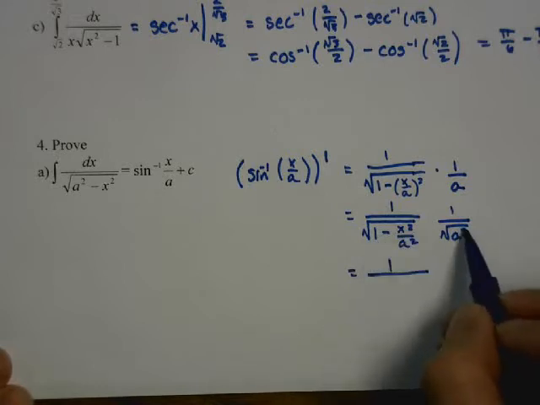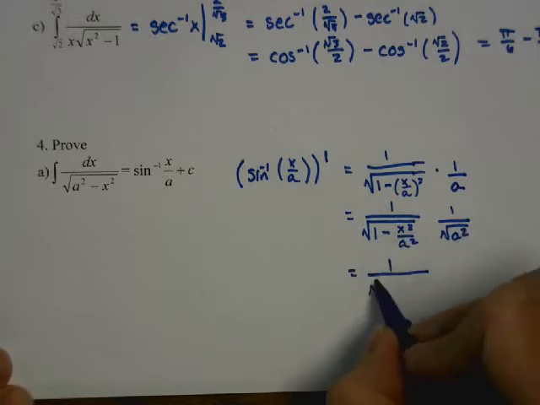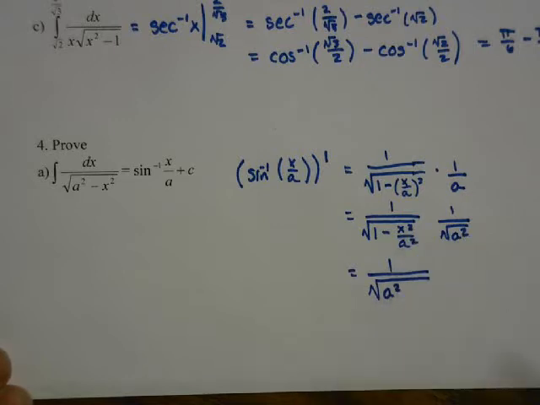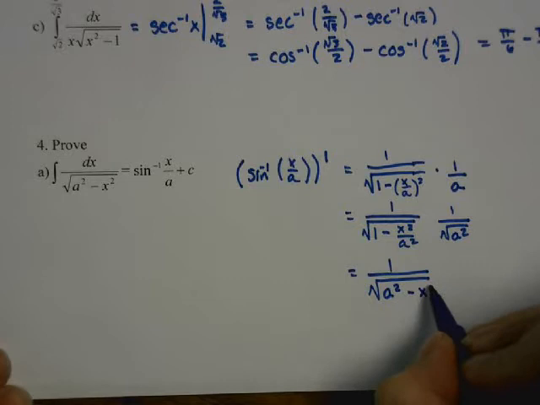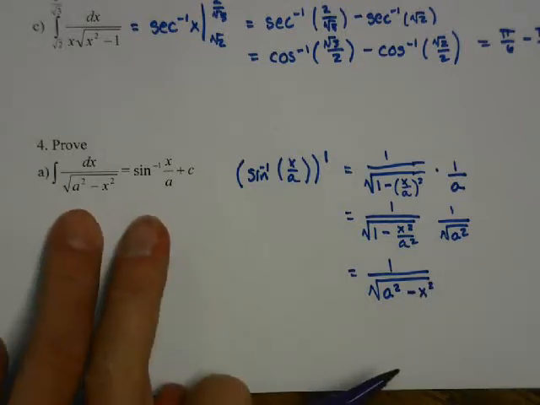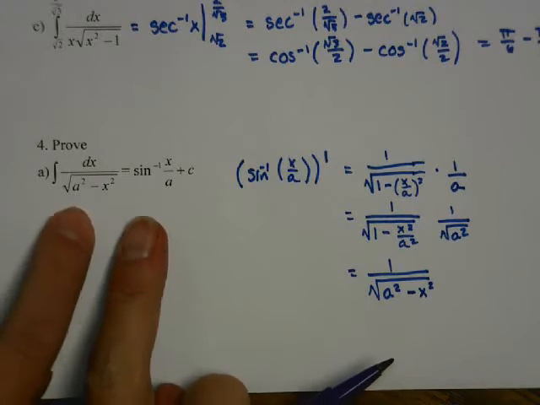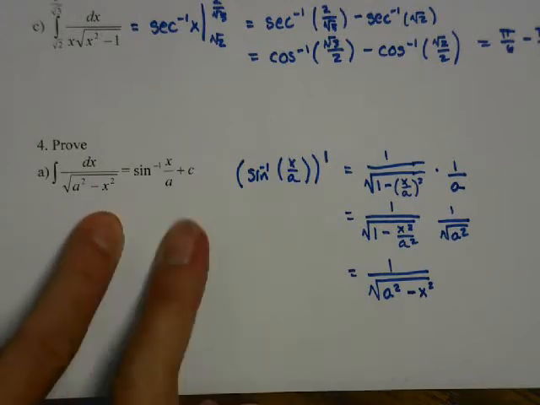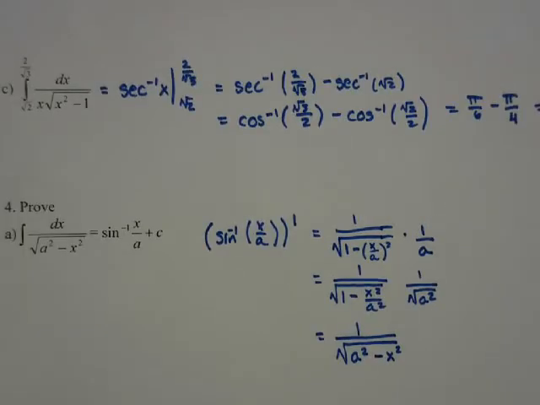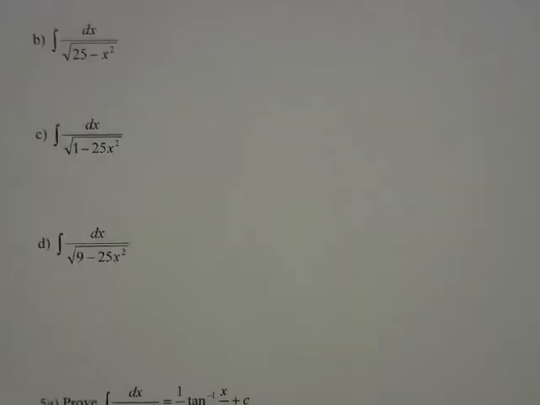So 1 times the a squared is just a squared, and then x squared over a squared times a squared is x squared. So if we have the integral of 1 over the square root of a squared minus x squared, then it's the sine inverse of x over a. So you'd want to make that into a note card or add it to your integral list.